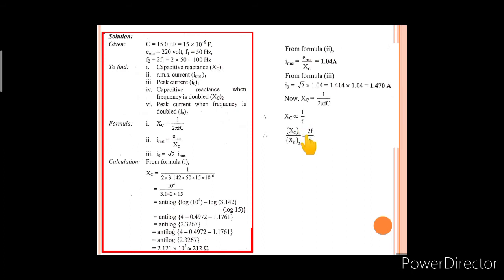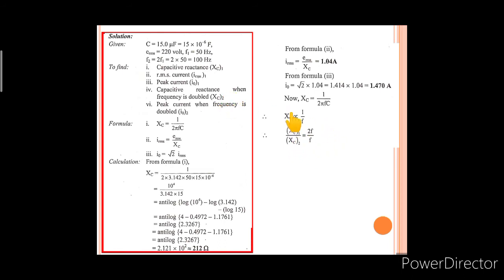We can take the ratio of capacitive reactance 1 with capacitive reactance 2. Xc1 will be 1 upon f, and Xc2 is taken as 1 upon 2f, as we take Xc2 for the frequency f2, which is double of the given frequency.